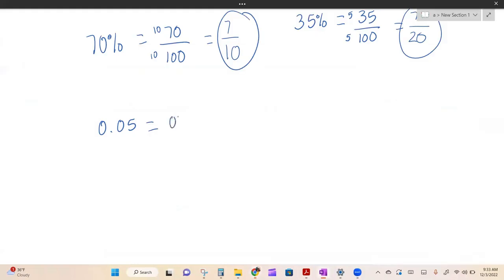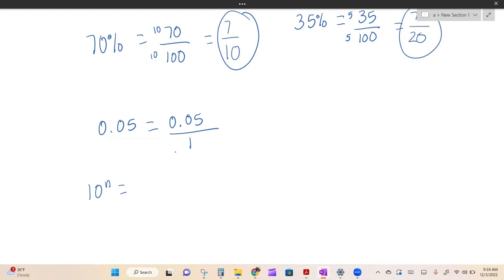So 0.05, and write that over 1. And then we need to multiply each one of these by 10^n.